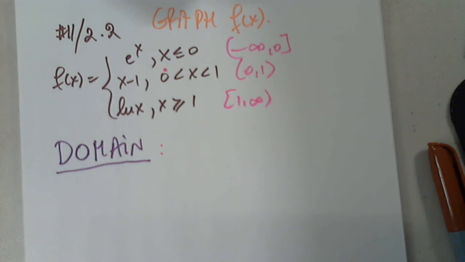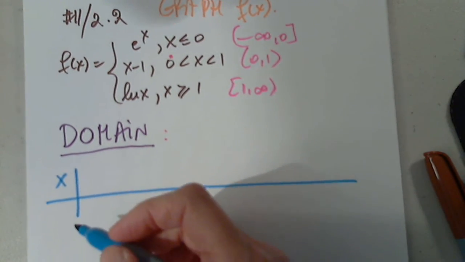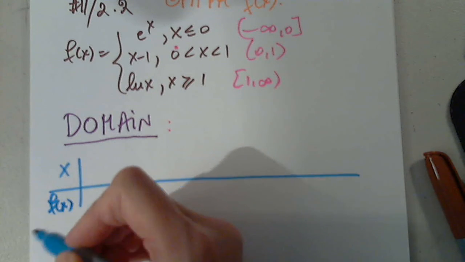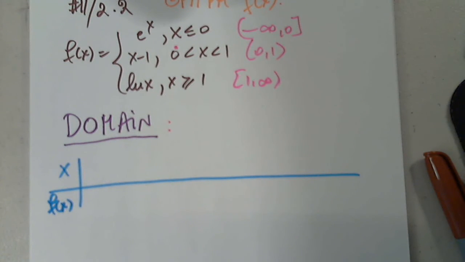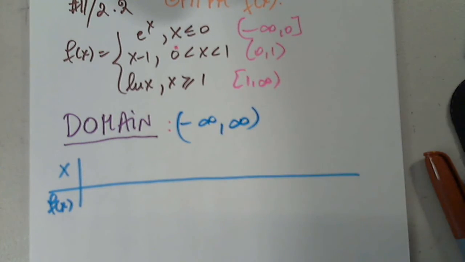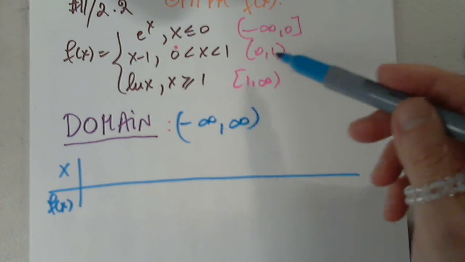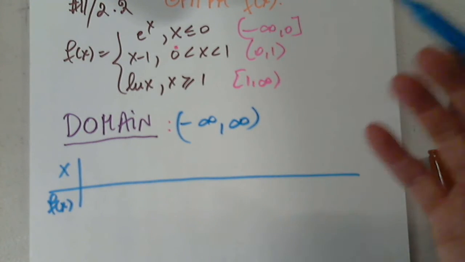So what do I conclude then? What is the domain of this function? All real numbers. Great, great job. Thank you very much. Nothing is missing. I have everything to the left of 0. I have 0. I have between 0 and 1. I have 1. I have 1 to infinity. Nothing is missing.